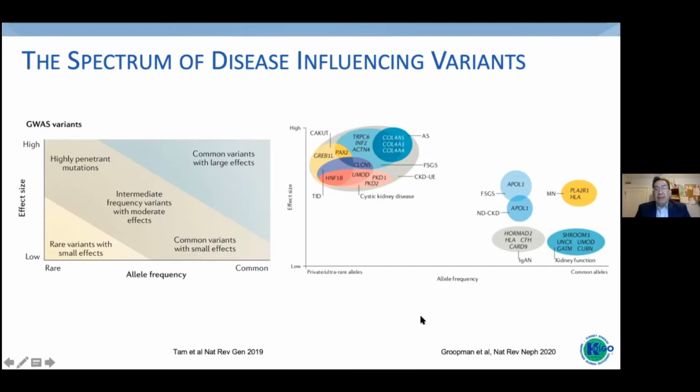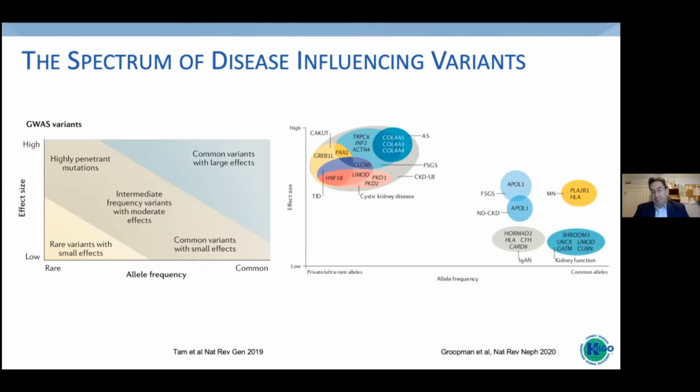In this nice review paper by Emily Grootman and her colleagues, they overlay a bunch of inherited kidney disease genes onto this kind of diagram. On the upper left, you see, for example, TRPC6, INF2, ACTN4 cause a highly penetrant form of FSGS or nephrotic syndrome. There's some phenotypic overlap with other genes as indicated by this Venn diagram.